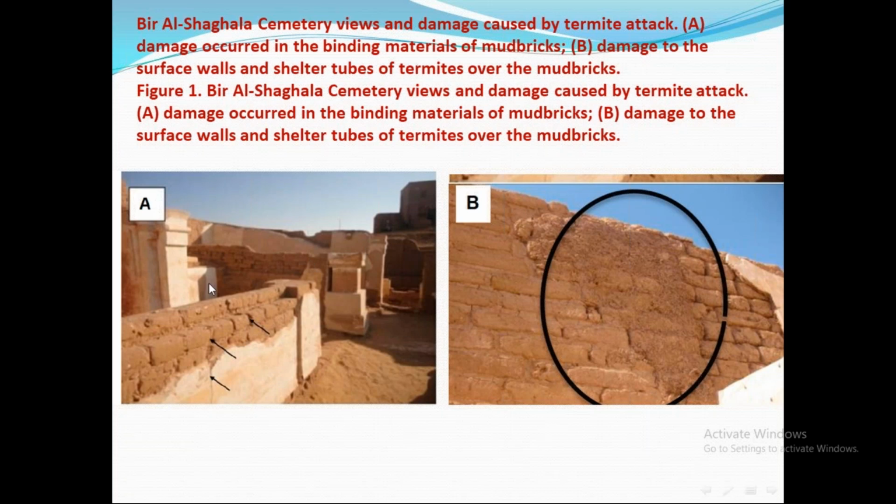Picture A, damaged materials of mud bricks, and we can see the materials fill the floors, and the termite tubes between the mud bricks. Picture B, damage to the surface wall and shelter tubes of termites over the mud bricks, as we see.